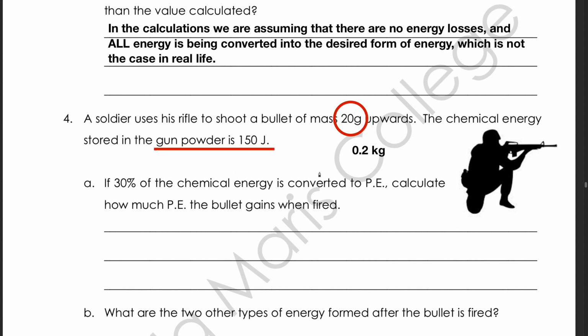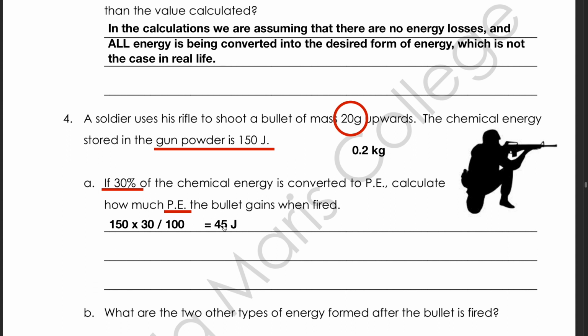If you were told that the gunpowder has 150 joules, of which only 30% become potential energy, all we have to do is find 30% of 150. To do that, all we have to do is 150 multiplied by 30 divided by 100, which will give us an answer of 45 joules. So 30% of 150 is only 45 joules.